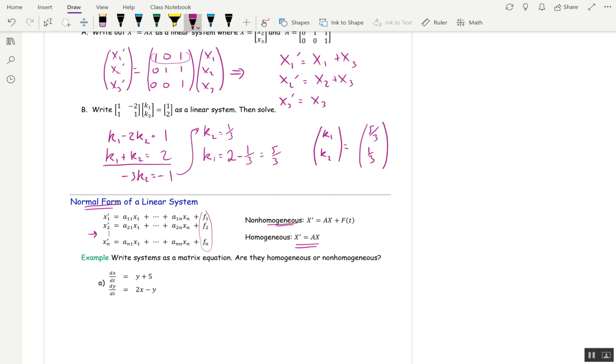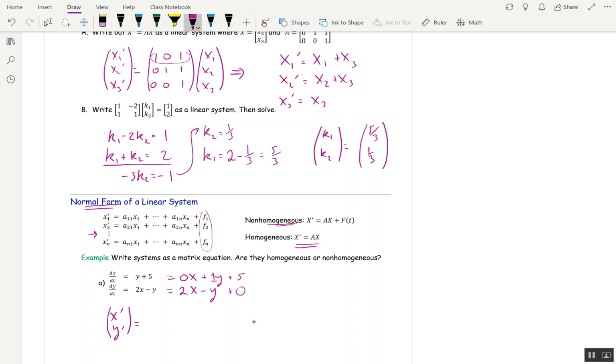So to that end, I'm going to first rewrite y plus 5 as 0x plus 1 times y plus 5, and then 2x minus y plus 0. So the part that doesn't involve an x or a y goes into your f of t. So the vector form of the left-hand side is dx/dt, dy/dt, which you can write, if you want, in shorthand as x prime, y prime.